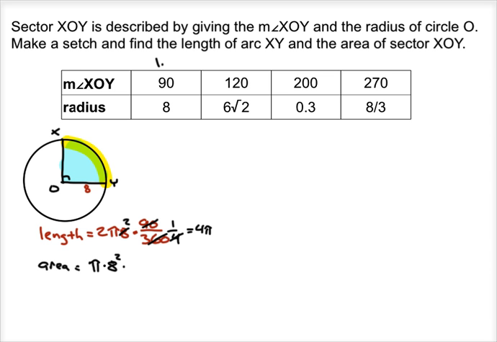I'm only finding the part that's 90 degrees out of 360, which we realized above reduces to 1/4. So I get pi, 8 squared is 64. I can reduce, 4 goes into 64 16 times. And if I multiply this, I end up getting 16 pi.